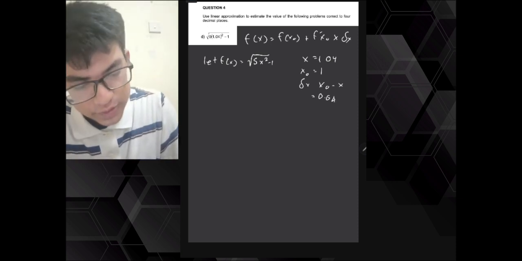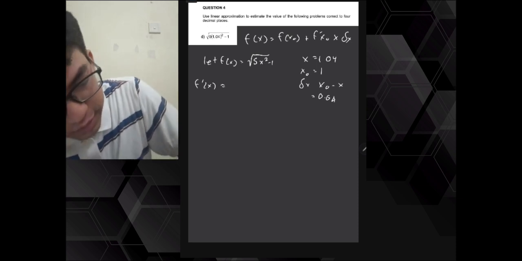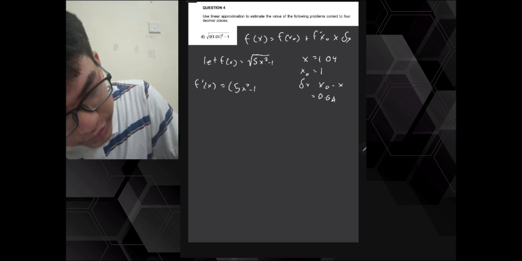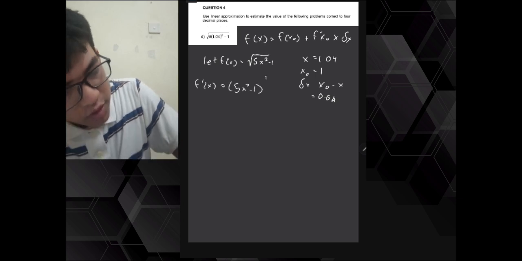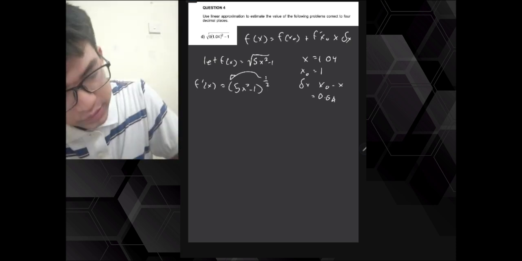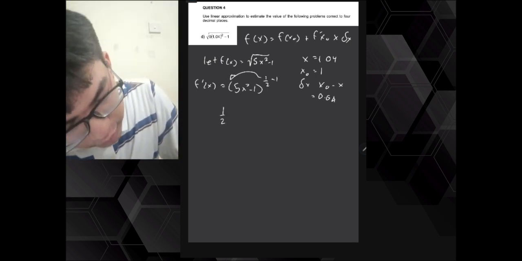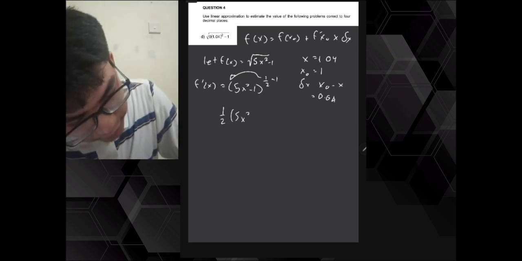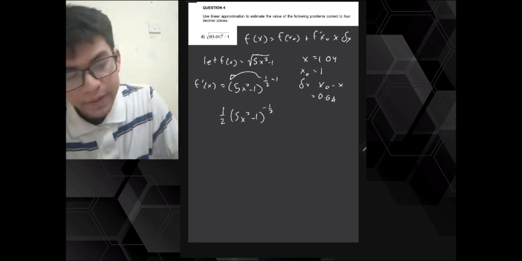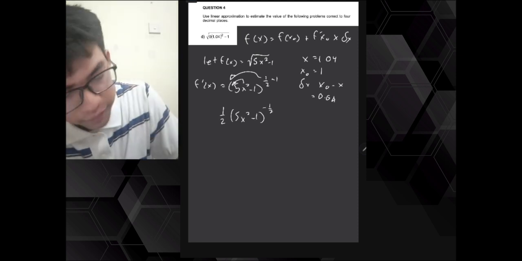Next, what we must do is differentiate f(x). So for f prime of x, we will get 5x squared minus 1 to the power of 1 over 2 because of the square root. So next we must take the power to the front and minus 1. So we will get 1 over 2 times 5x squared minus 1 to the power of negative 1 over 2, times the derivative of the inside. Next, the x squared, we must take it to the front and times it with the 5.